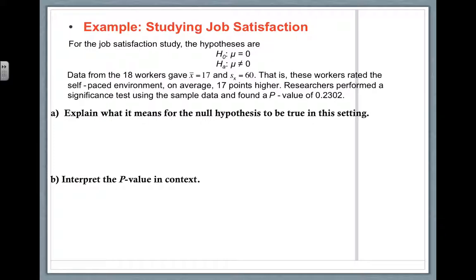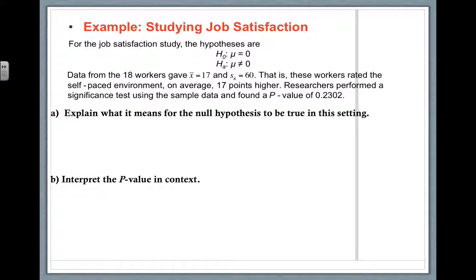Okay, so just an example to help us understand what the p-value tells us. I'm going back to the job satisfaction example that was at the end of the first video. We know we had a null hypothesis that had a mean of 0 and an alternative that was not equal to 0. It was a two-sided test here.